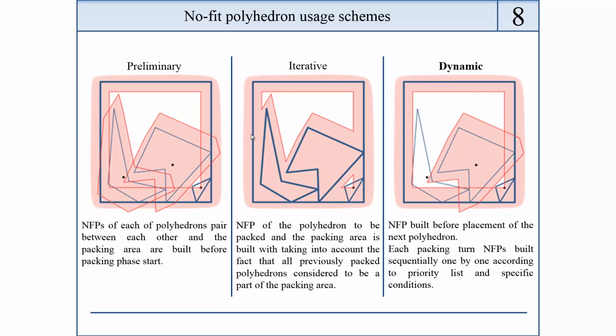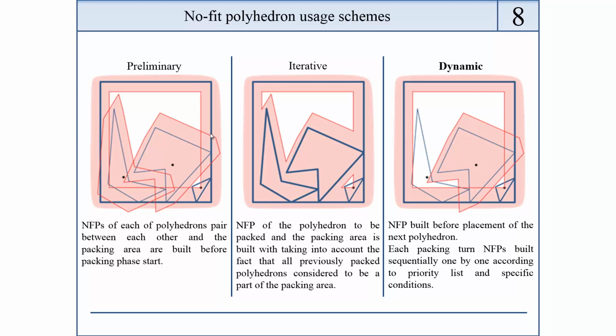Okay, now we know what NFP is, but how do we use it to pack objects? Basically, there are two ways to do it. One of them, let me call it preliminary, is based on the idea that NFPs of each pair of polyhedrons and the packing area are built before the packing phase starts.